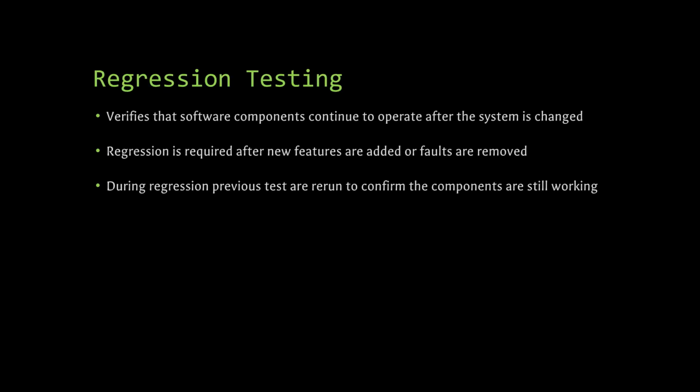Regression tests are generally done after a new feature is added or a fault is removed. During regression, previous tests are rerun to confirm the components are still working. So you're running a lot of tests all at one time, but you're running the same tests as you've run before, so they're saved. It's not a super lengthy process.